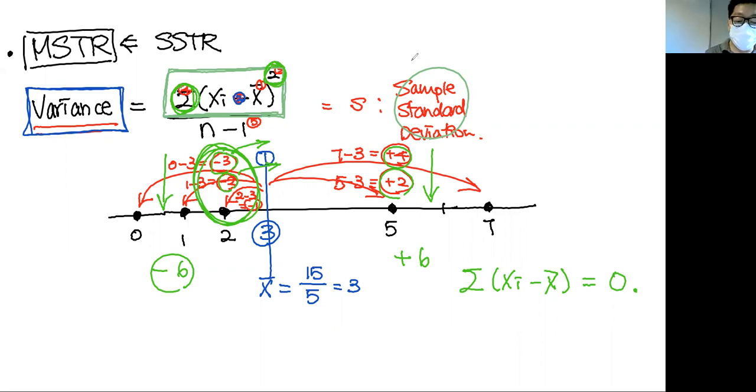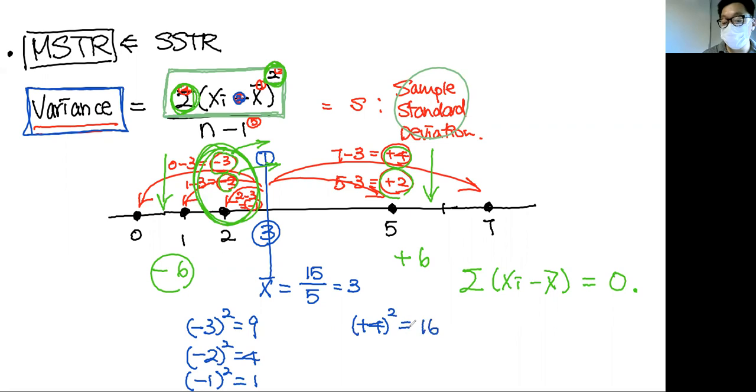Negative 3 squared will be 9, negative 2 squared will be 4, and negative 1 squared will be 1. The positive ones stay positive even when we take the square. 4 squared is 16.